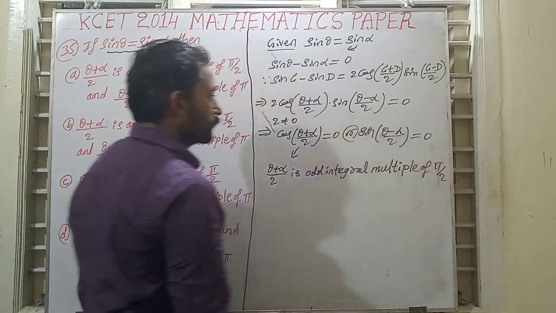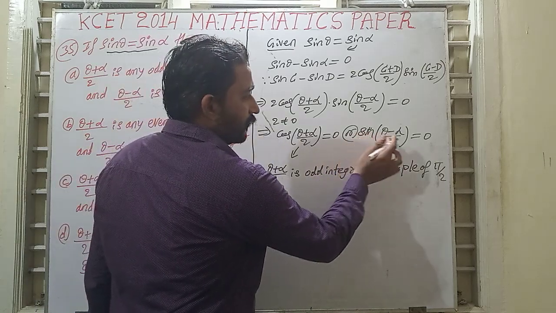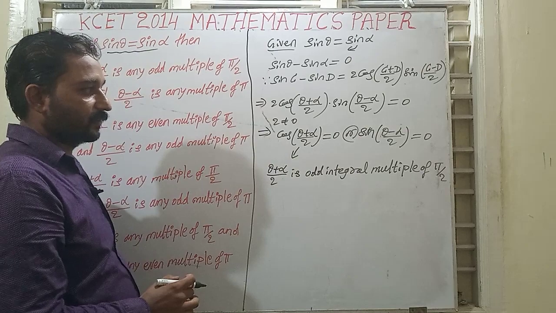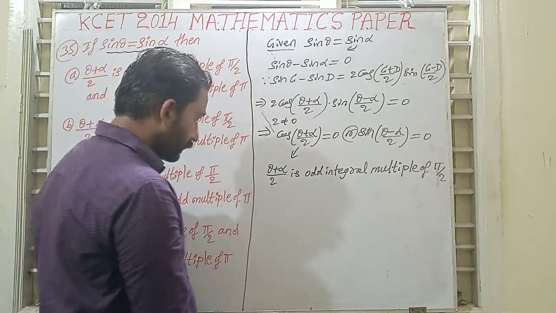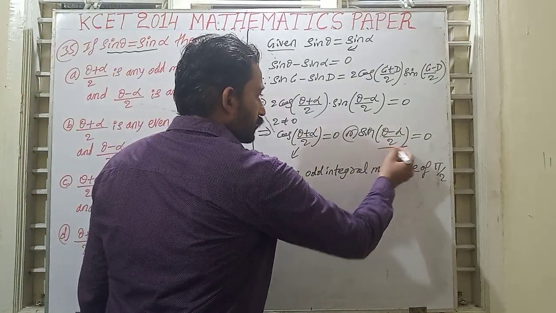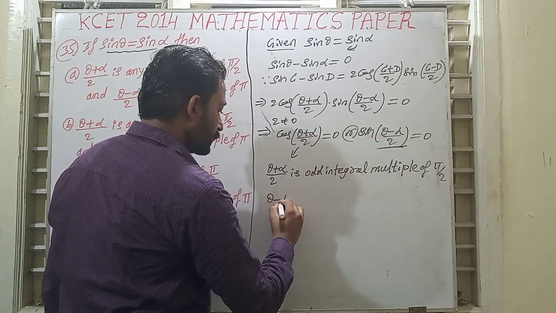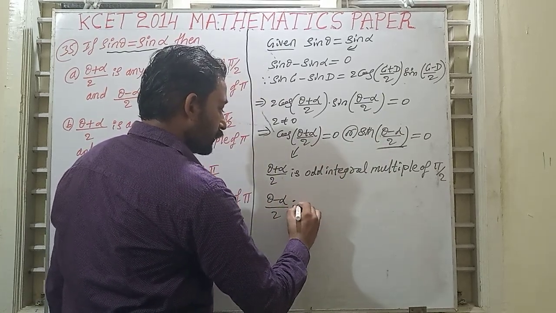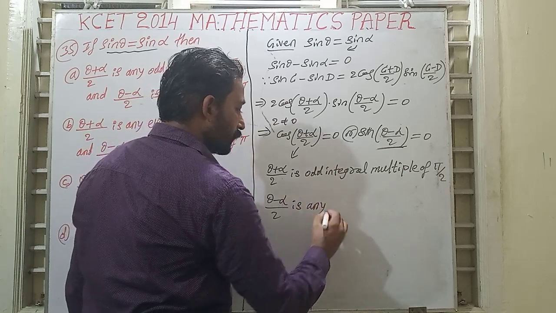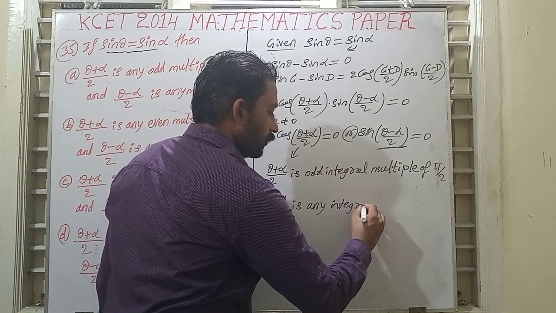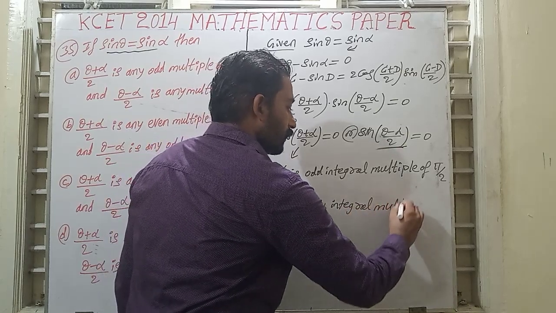Next, sin of an angle equal to 0 means the angle is an integral multiple of pi. So sin n pi is always 0. So (theta minus alpha) by 2 is any integral multiple of pi.